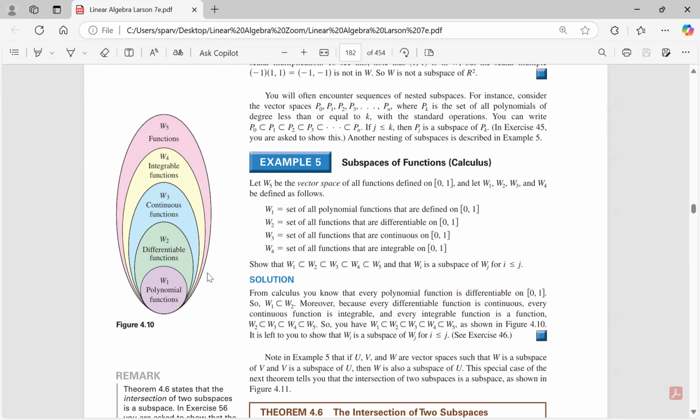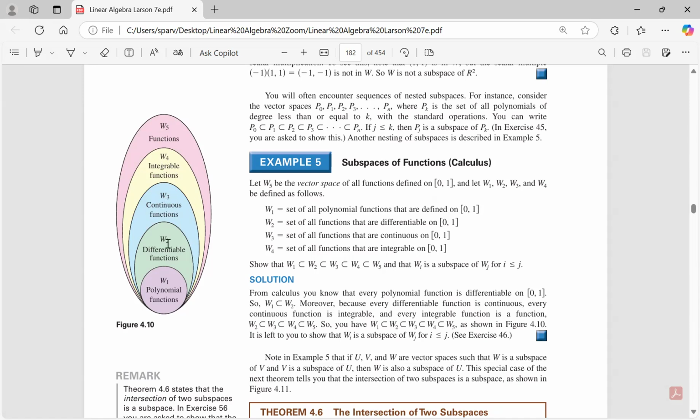That would be outside of W4. It's in W5, but it's not in W4. Now look at W3 and W4, continuous functions and integrable functions. There are continuous functions that are integrable, but not every integrable function is continuous, right? So that's why W4 is larger than W3.